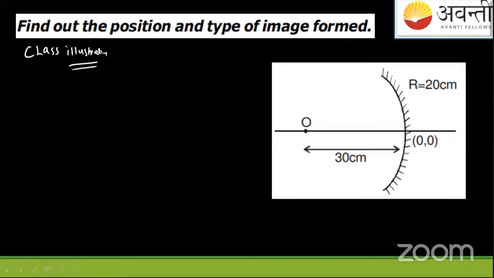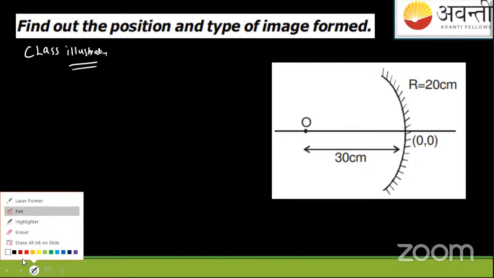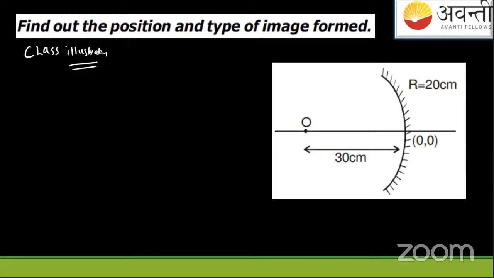I'm solving this question. Be focused on the slides. The question says: find the position and the type of image formed. It means they are asking whether the image will be real or virtual. You know the difference between real and virtual? Real can be taken on the screen, virtual can't be taken on the screen.